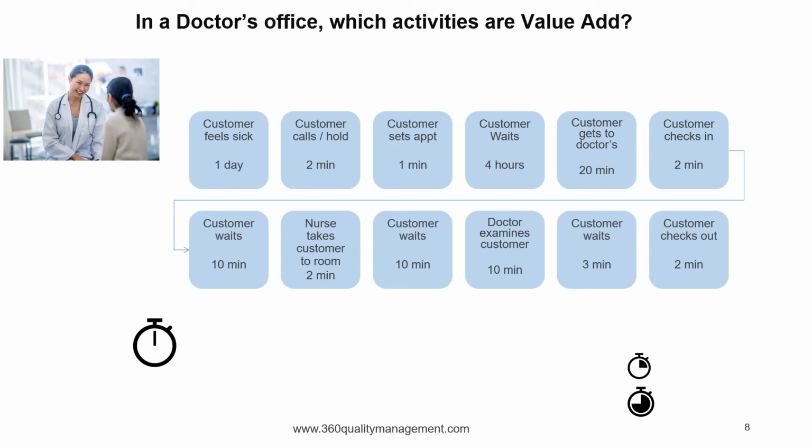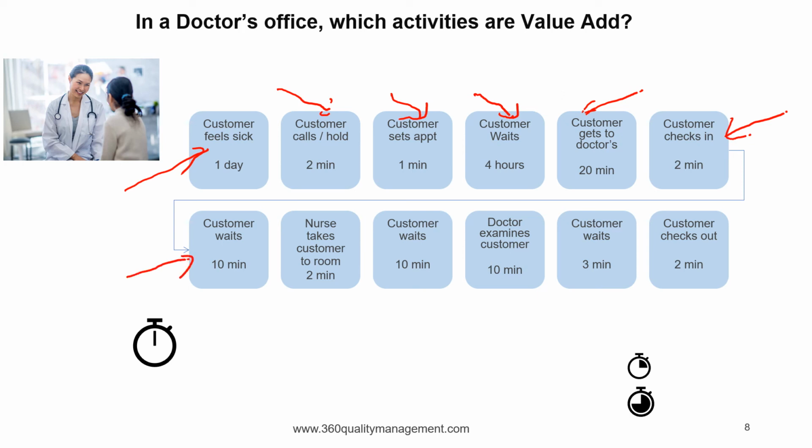What are the activities? The customer feels sick and then calls the doctor's office. The customer sets the appointment and waits for their turn to go to the doctor's office, and finally the customer gets to the doctor's office, checks in and waits in the waiting room.